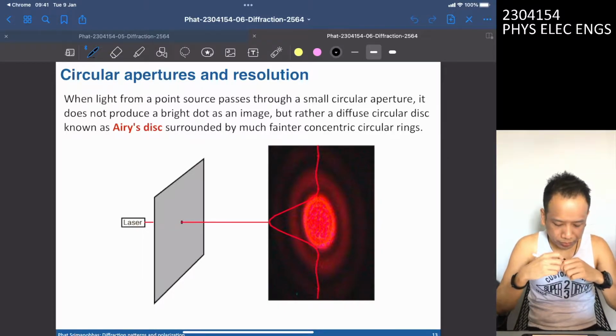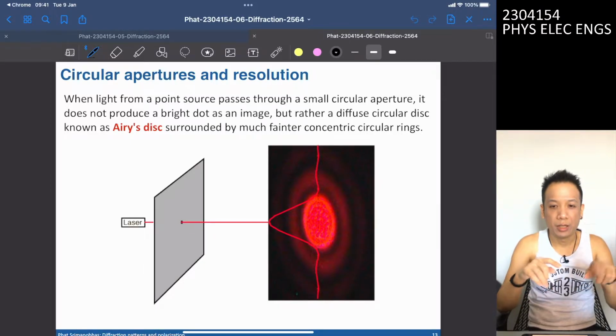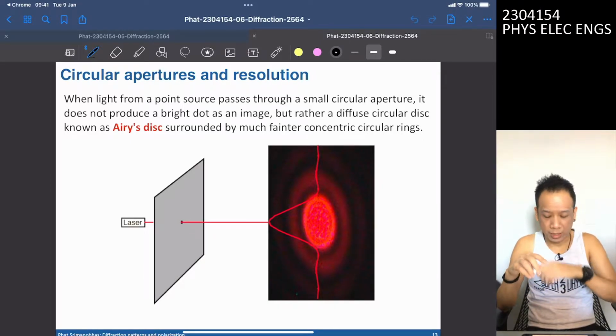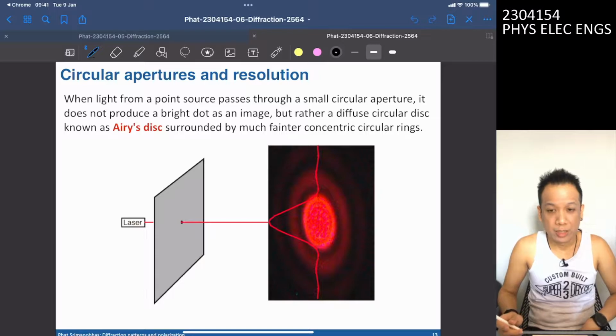So the behavior of the circular aperture is more or less the same as the single slit. You're going to have the central peak maximum, and then it goes down, and it goes up and down like this, so you can see the fringes in the same way.